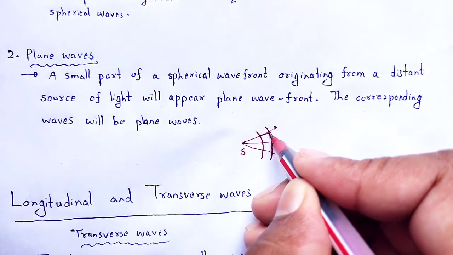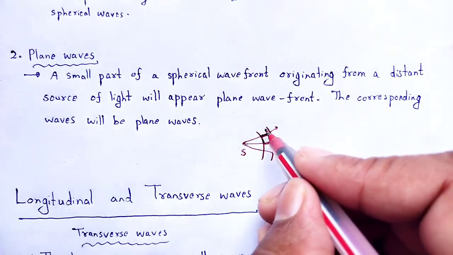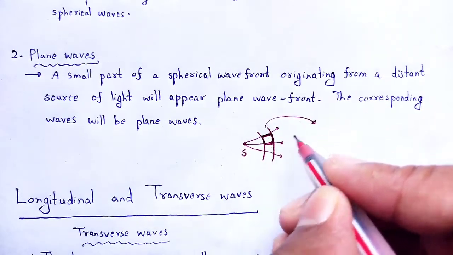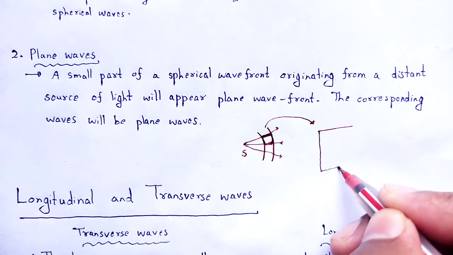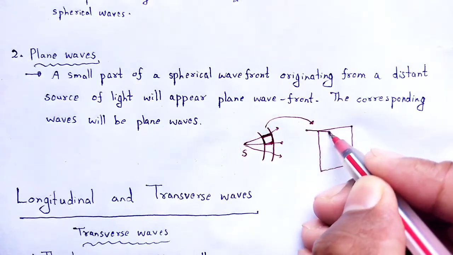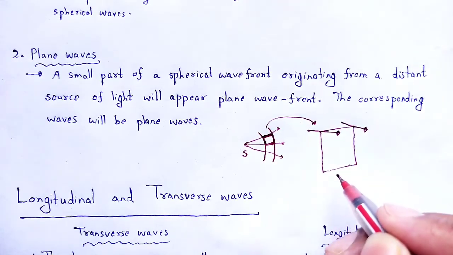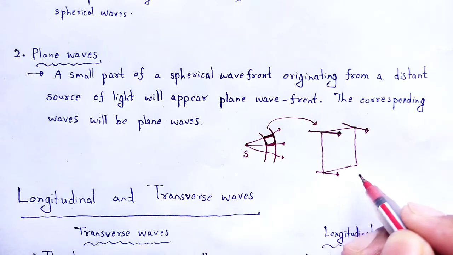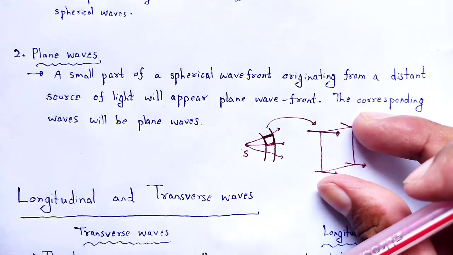If I consider a small portion of the spherical wavefront, that is the extended view of the small portion, here the light propagates like this. This is a plane wave.